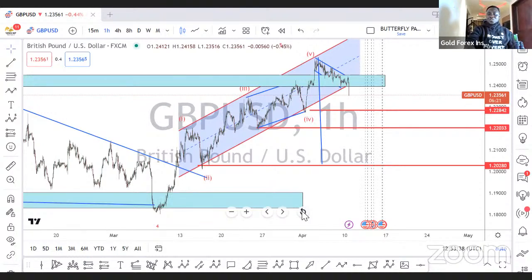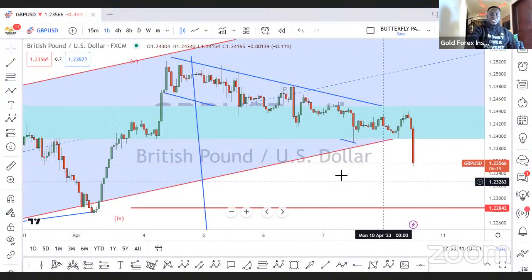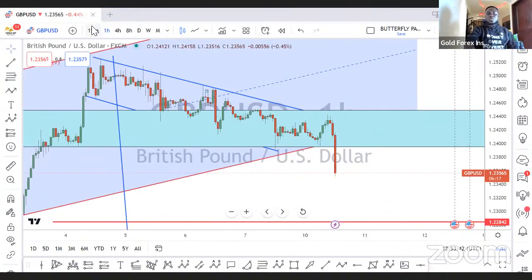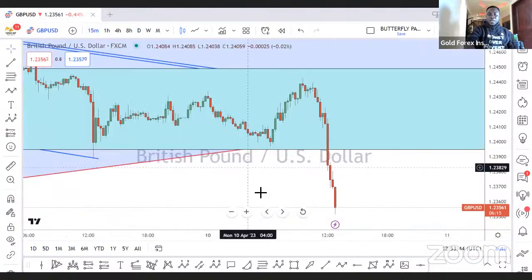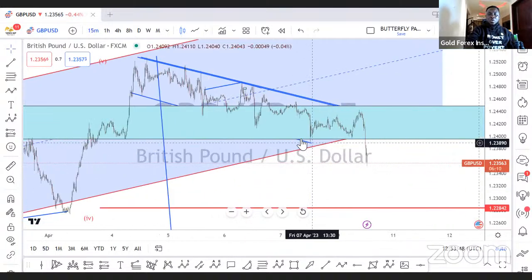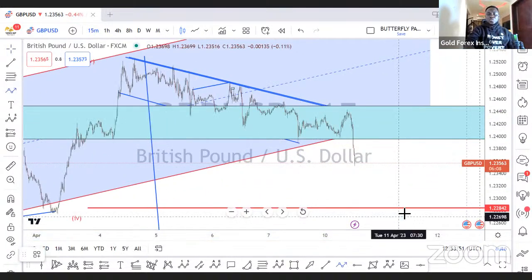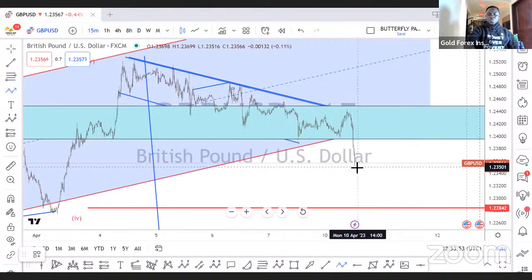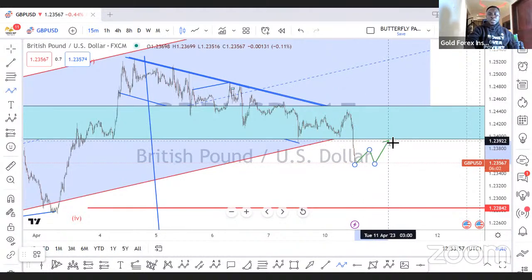Now, the current move forming over here, you don't need to chase it. What you do is that you go to the lower time frame, then the move that is occurring right now, all you need to do is to wait for, this is an impulsive move, wait for a very good correction like this, okay? Then once it breaks, you join to the downside, okay?